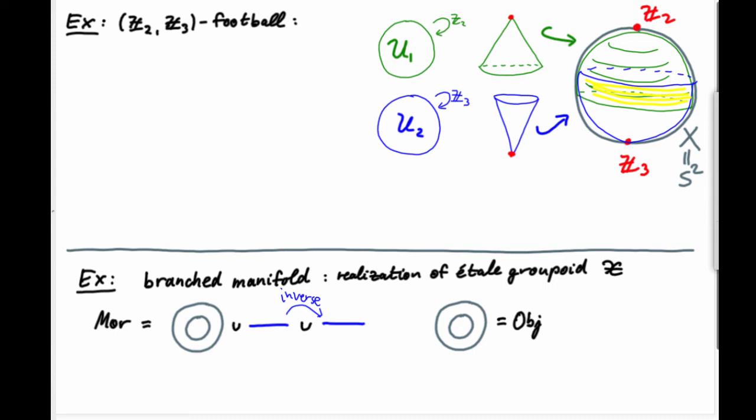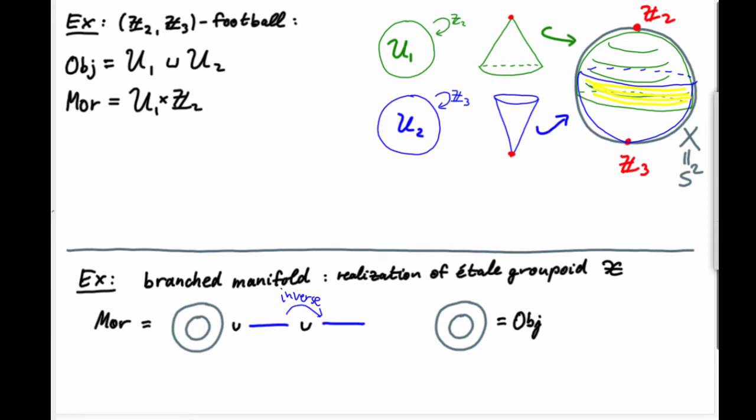So my object space is these two disks. And now my morphism space is, well, somewhat aggravatingly long. I need to act with Z2 on U1.